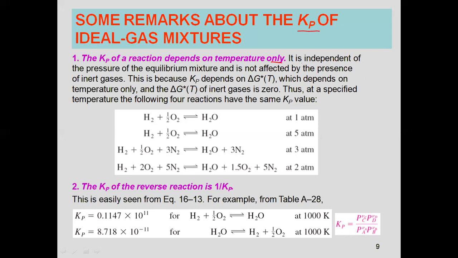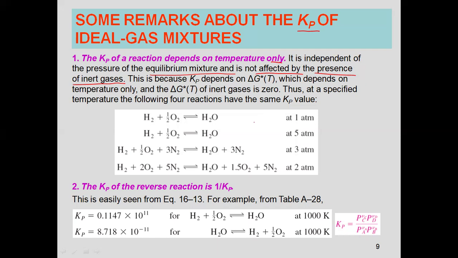Another thing is that it is independent of the pressure of the equilibrium mixture and is not affected by the presence of inert gases. So the second point is that the value of Kp is not affected by the presence of inert gases.